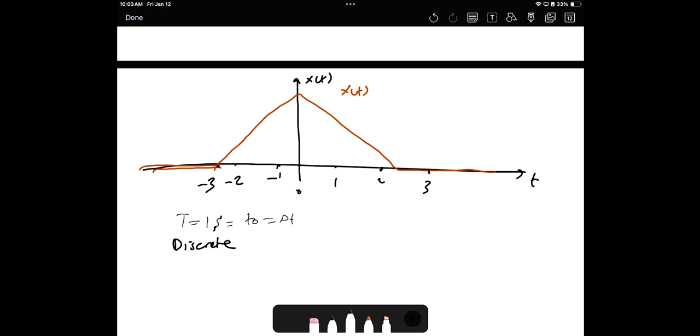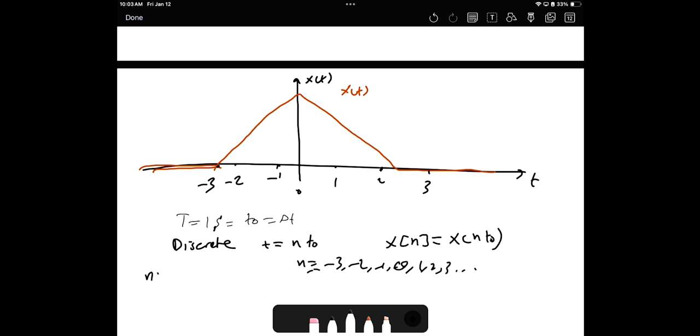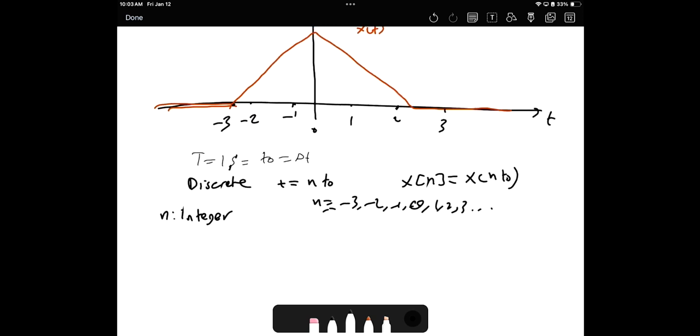So basically, t equals n t0, such that x of n equals x of n t0. That's the only thing you can do, such that n can be -3, -2, -1, 0, 1, 2, 3, and so on. n must be an integer. So in discrete time, you can only choose an integer time.